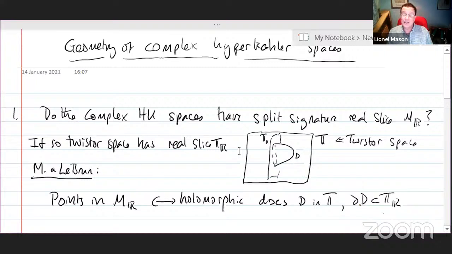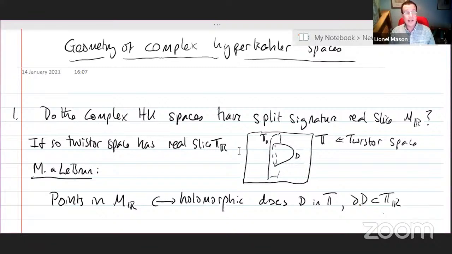We were exploiting the fact that split signature you think of as being a horrible thing to play with analytically, since there's no positivity or anything. But if you start playing this game, you can use a lot of compactness theorems on holomorphic disks, and you can do a lot of analysis.